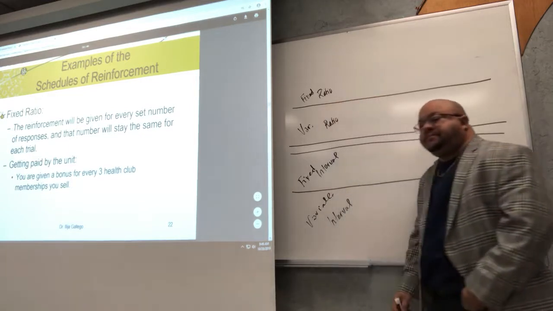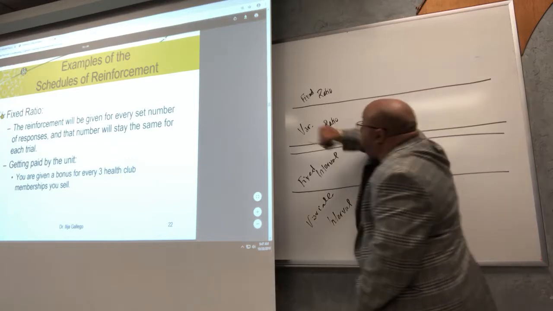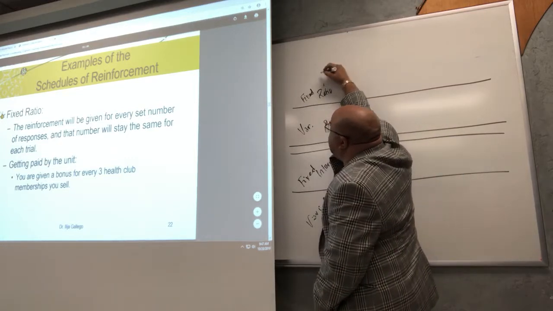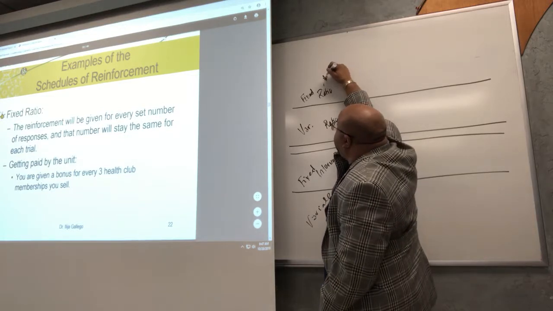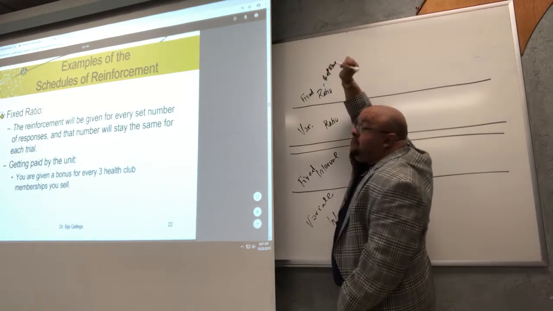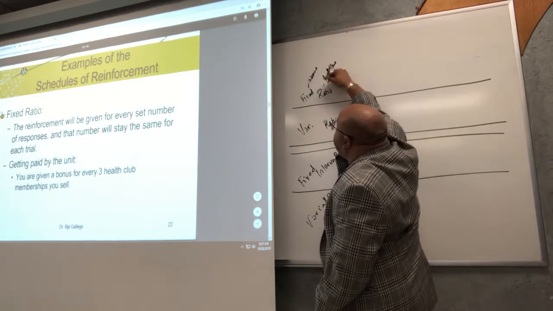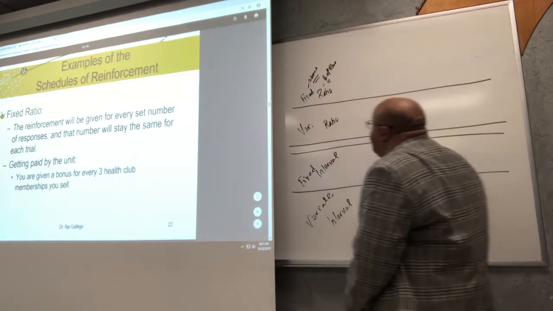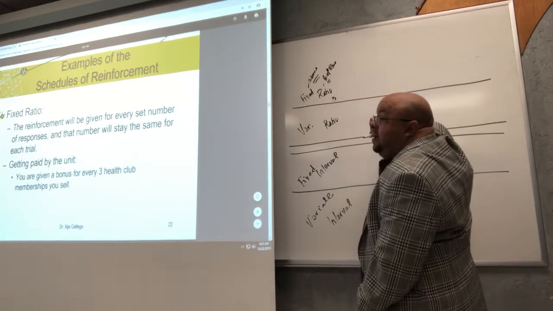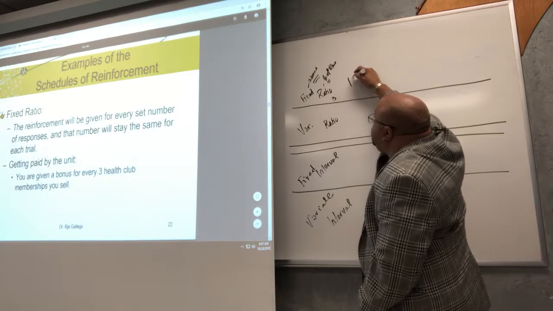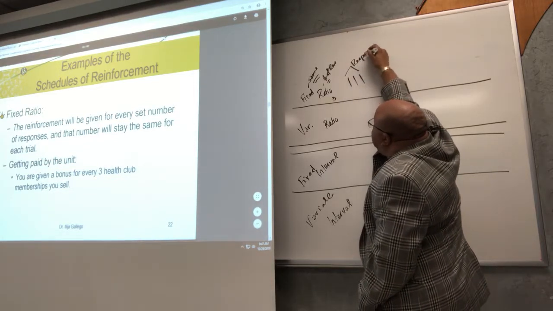Okay? So we start with the fixed ratio. In a fixed ratio, ratio means we're going to reward the learner based on the number of responses. And it's always going to stay the same. So if I pick, let's say, 3, then my learner would make 1, 2, 3 responses.